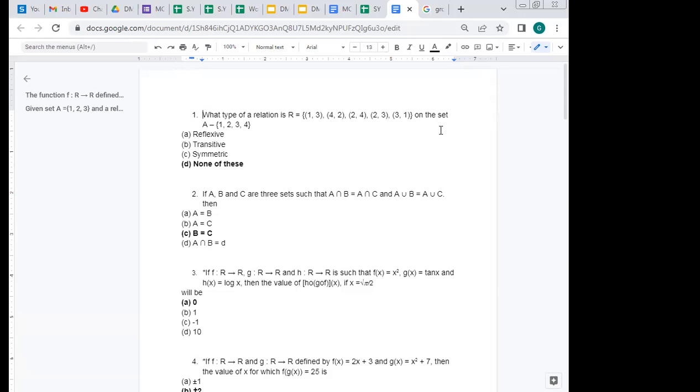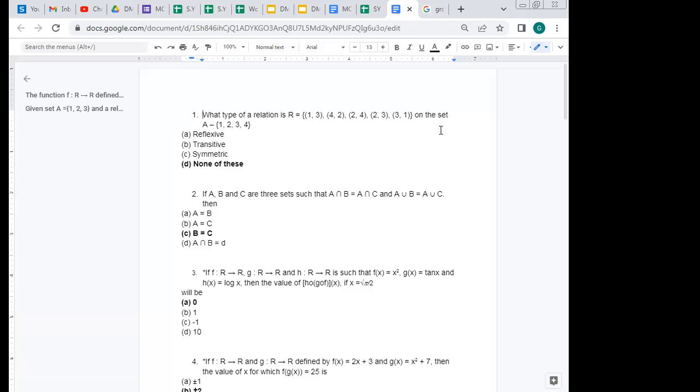B equal to C will be there because A is common there. So by left cancellation law, what we get is B equals C.